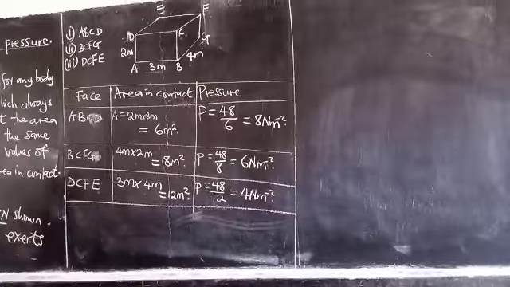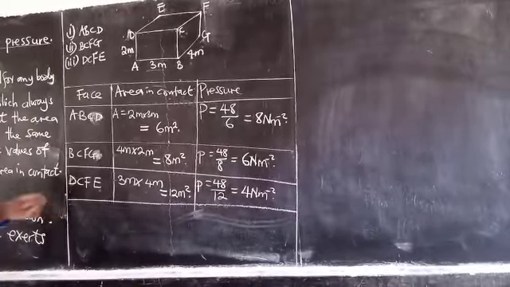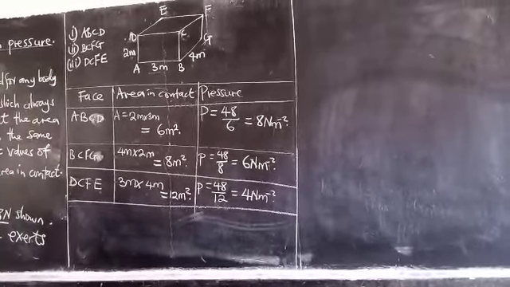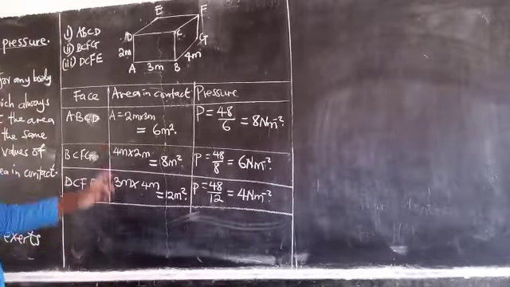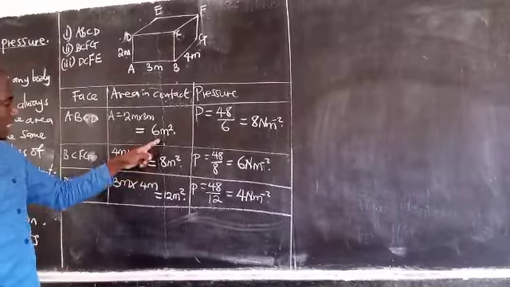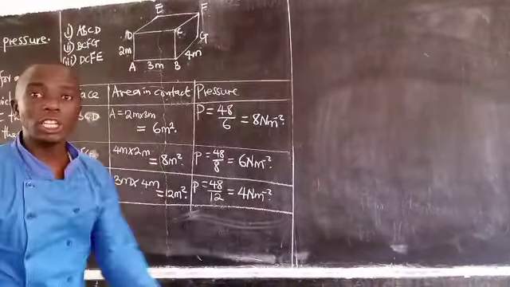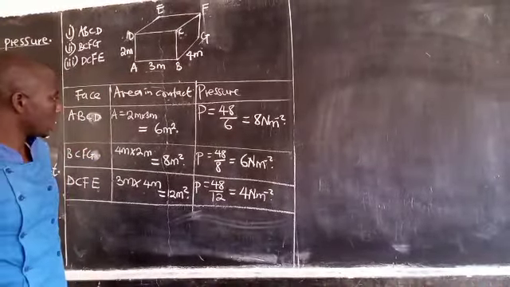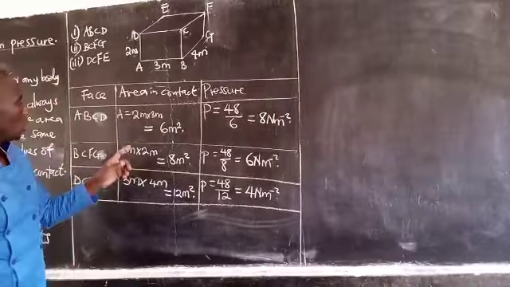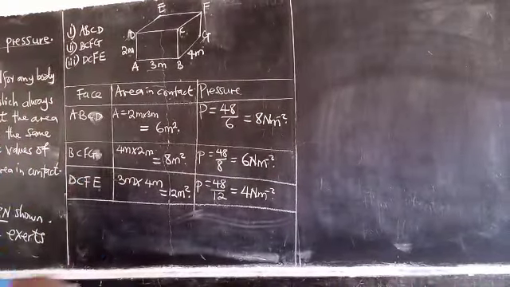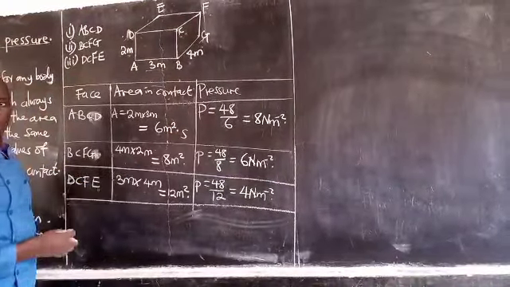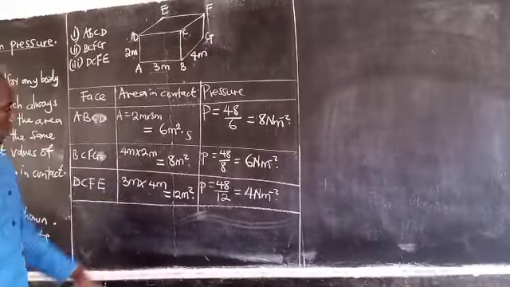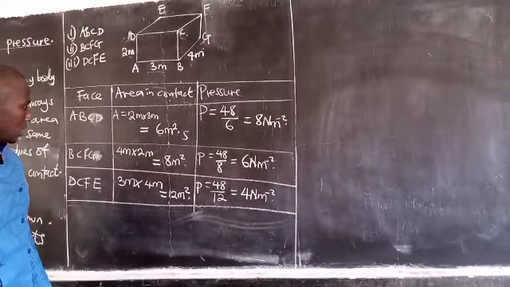There is something that I want us to get from this. I would ask you, of the 3 areas, the 6, the 8, and the 12, which one is the smallest? Please get the smallest. So, you can see the smallest area. This is the smallest of the 3. Which one is the biggest?